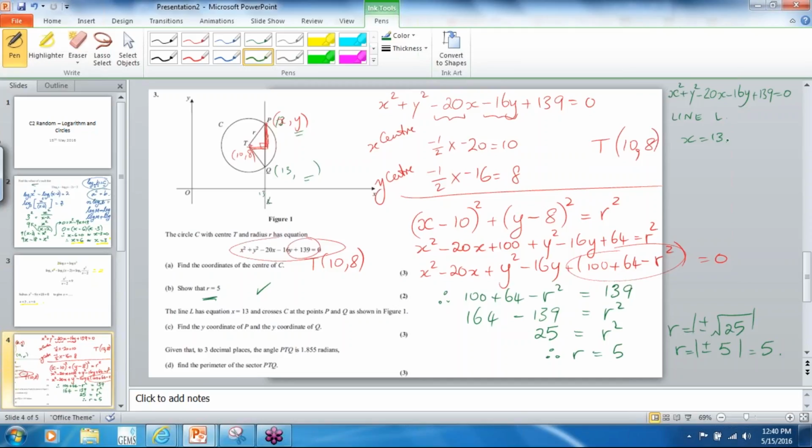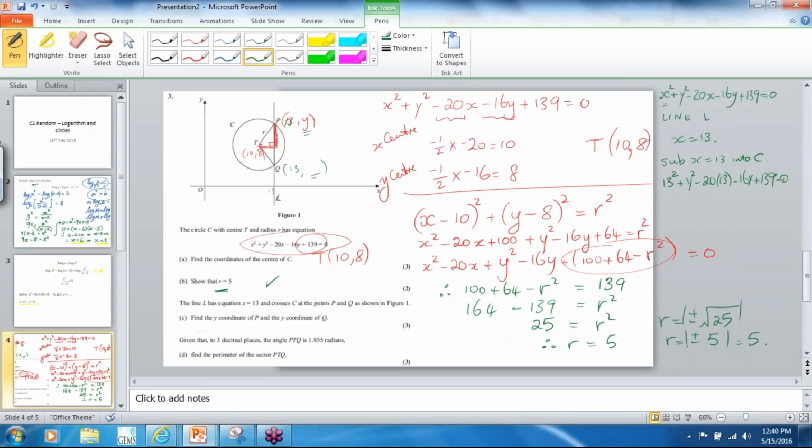Therefore, if we substitute x equals 13 into the circle, we get 13 squared plus y squared minus 20 times 13 minus 16y plus 139 equals 0. 169 plus y squared minus 260 minus 16y plus 139 equals 0.